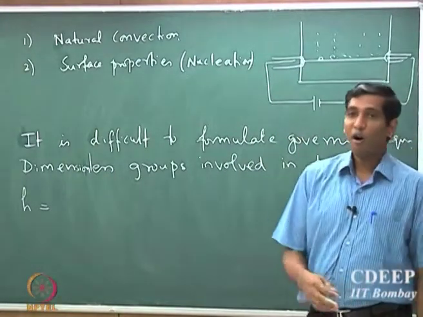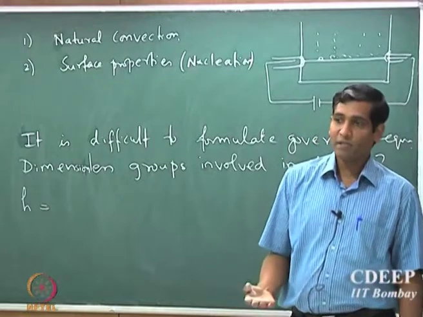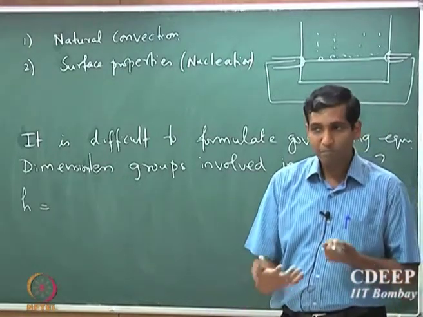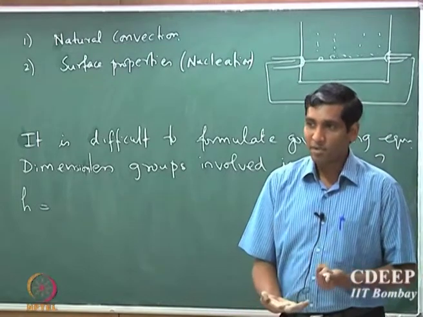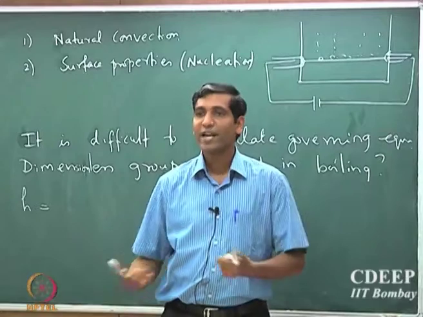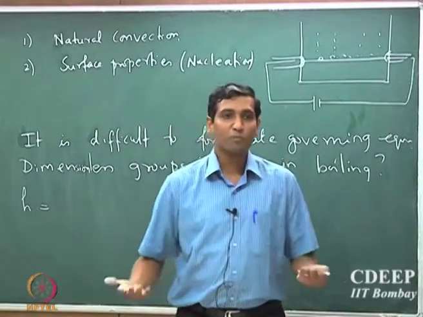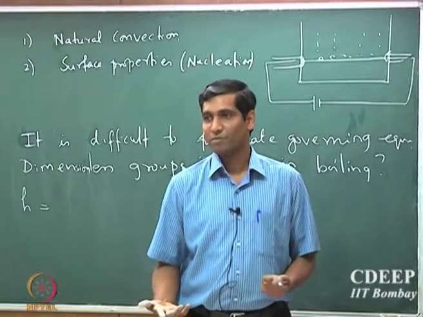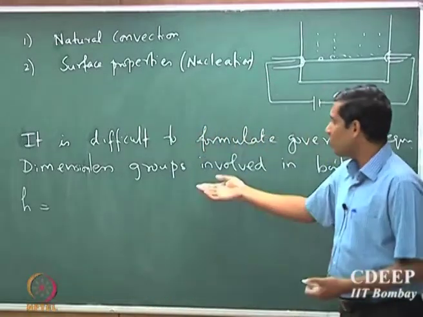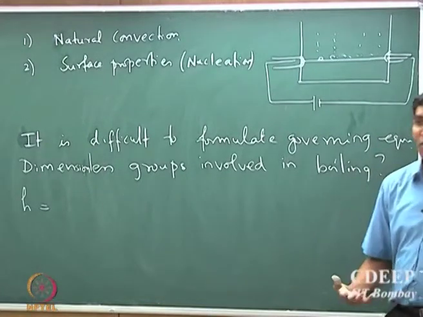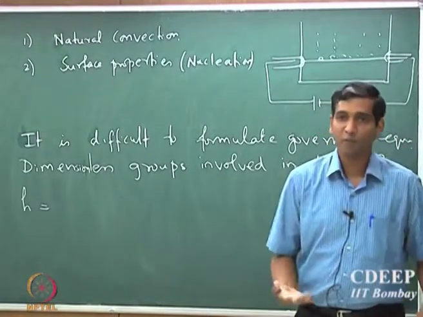Because in all the convection topics that we have seen, we always found that there is a relationship between the Nusselt number and the dimensionless quantities which characterize the transport process, whether it is heat transport or mass transport or momentum transport, right. So if we know the dimensionless groups, then we can get some clue as to how to find the heat transport coefficient.